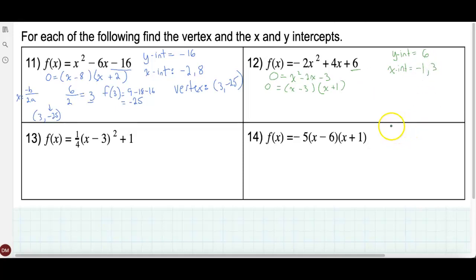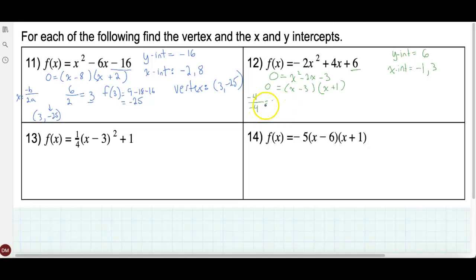And for the vertex, well, negative b over 2a would give us the axis of symmetry. So what is that? Negative b, so negative 4, over 2 times negative 2, which is negative 4.